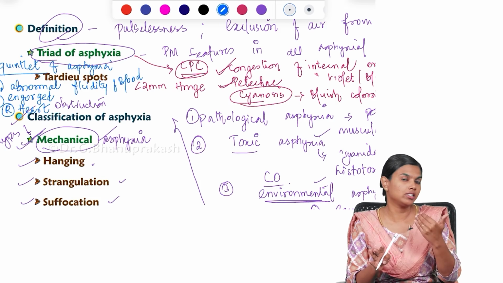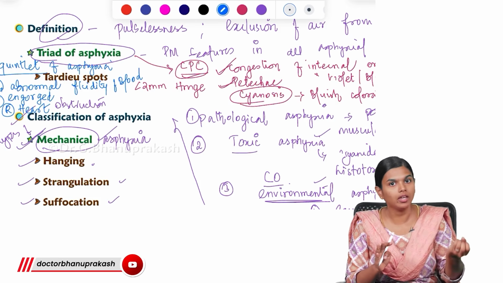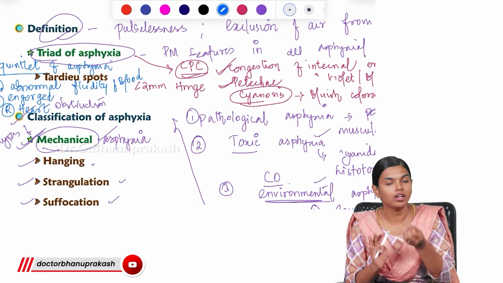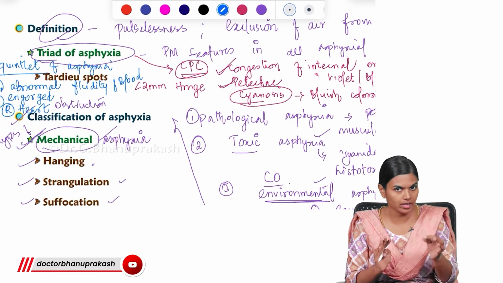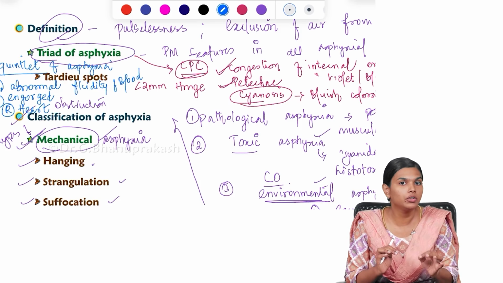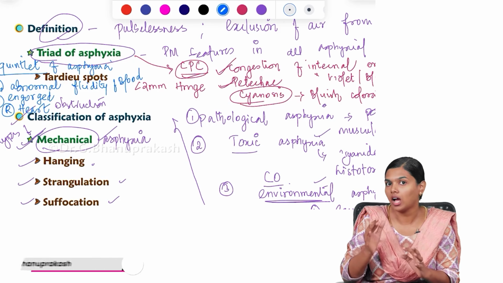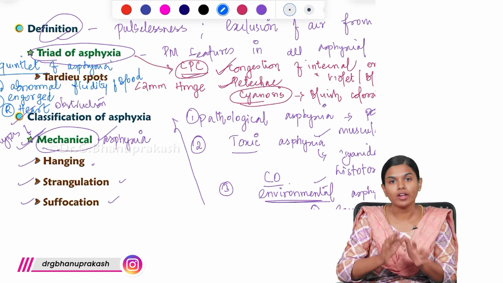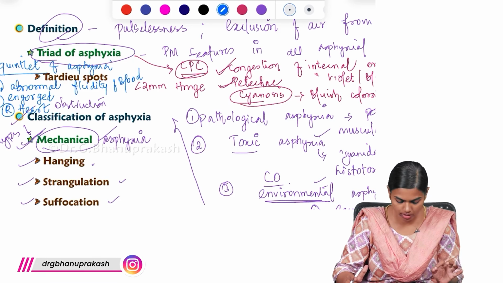When they ask you what is the triad, you have to say it is cyanosis, petechiae, then congestion. If they ask you what is the quintet of asphyxia, you have to say these three, and along with that, you have to add abnormal fluidity of blood and enlarged right side of the heart. So, these are the general things we have to start with in the asphyxia chapter.